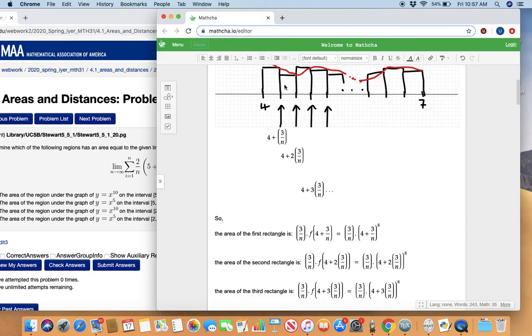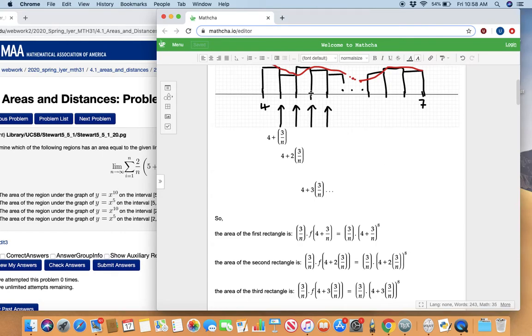What about the second rectangle? Width is still 3 over n, but the height is given by this number, which is 4 plus 2 times 3 over n. So the width is 3 over n, whereas f at this point, which is the height, is 4 plus 2 times 3 over n to the 8th power.